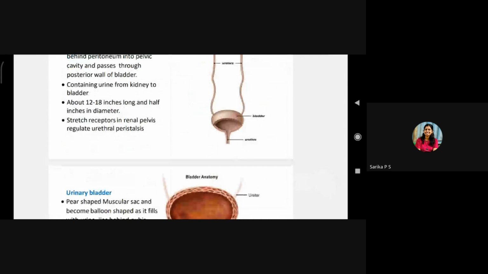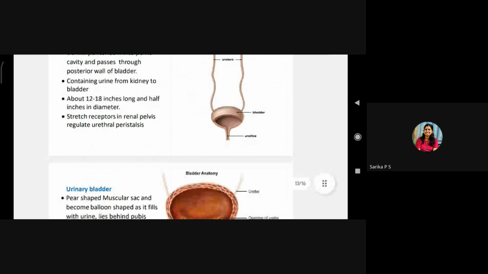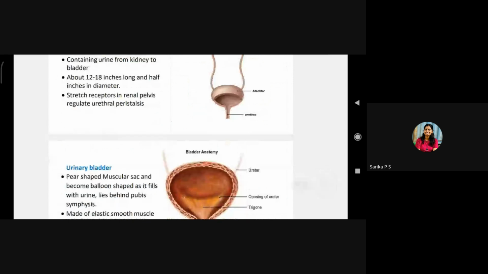Obviously, it is carrying urine from the kidney to the bladder, about 12 to 18 inches long and half an inch in diameter. So its length is about 12 to 18 inches. 12 inches means 1 foot, and 18 means 1.5 feet. So 1 to 1.5 feet long.